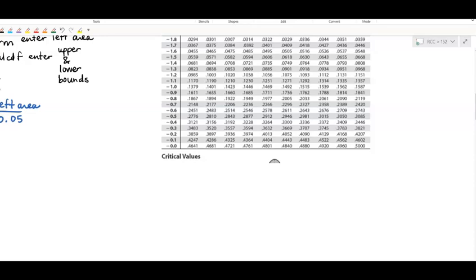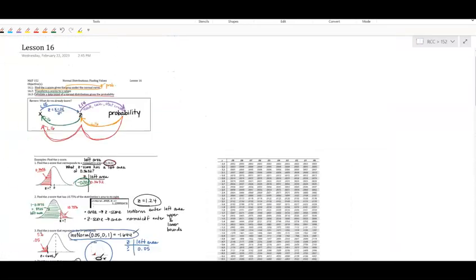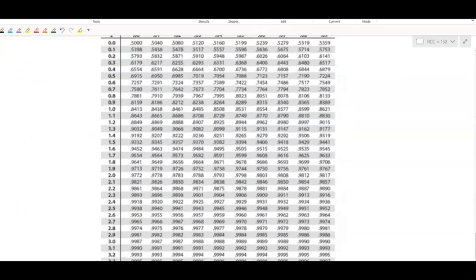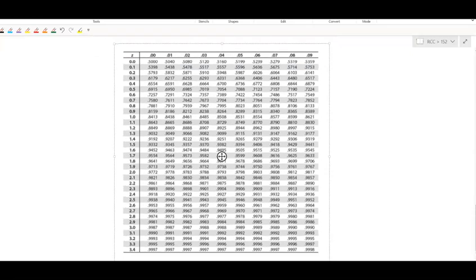One thing we can do, we can come over to the table. We're definitely looking for a positive z-score this time, because 0.9 is bigger than a half. We're looking for 0.9, as close as we can get to 0.9. So I see 0.8997. That's as close as we're going to get to 0.9. This one, 0.9015, is a little bit further away than 0.8997 is from 0.9.